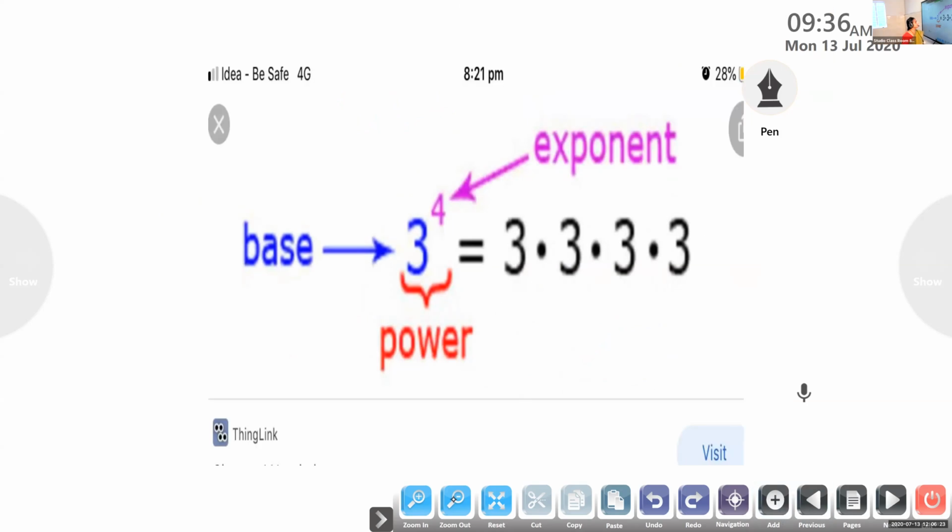Again, you can see 3 raised to 4. The exponent is 4 and 3 is the base. All together we can call it a power: the power of 3 is 4, or 3 raised to the power 4.